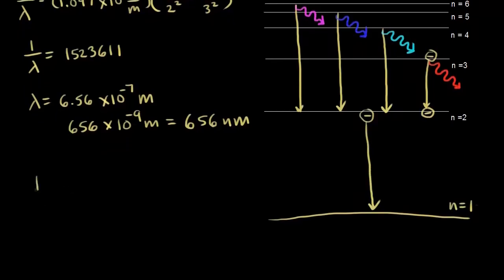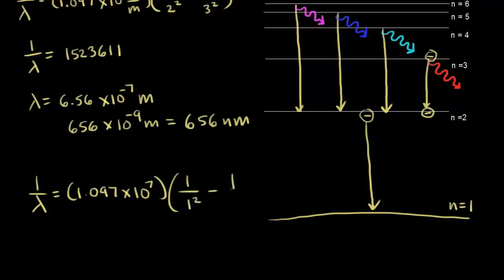So this would be 1 over lambda is equal to the Rydberg constant, 1.097 times 10 to the 7th. That's 1 over meters. And then we're going from the second energy level to the first. So this would be 1 over the lower energy level squared. So n is equal to 1 squared minus 1 over 2 squared.